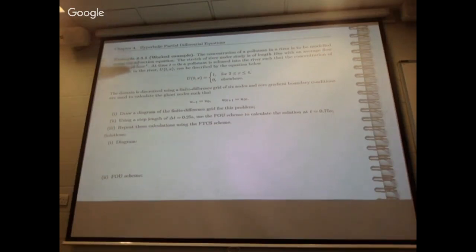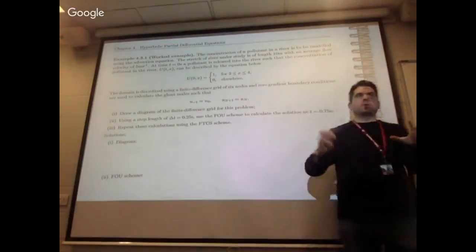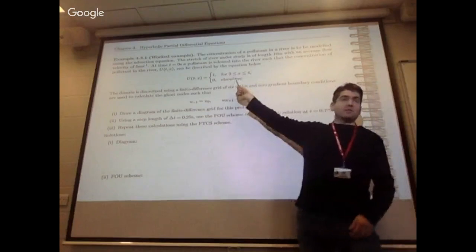So here we have the concentration of a pollutant in the river modelled using the advection equation. We're taking a 10-metre stretch of the river to model, and the flow velocity in that river is 5 metres per second. At time t equals 0 seconds, a pollutant is released into the river, and the shape of the pollutant can be described by this case statement.